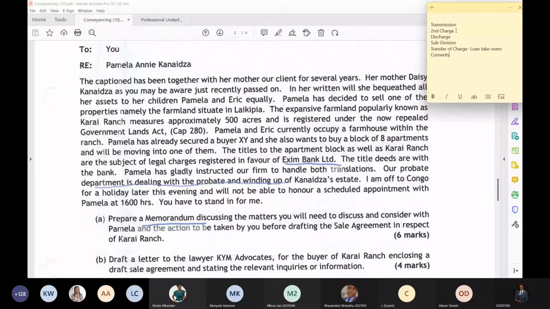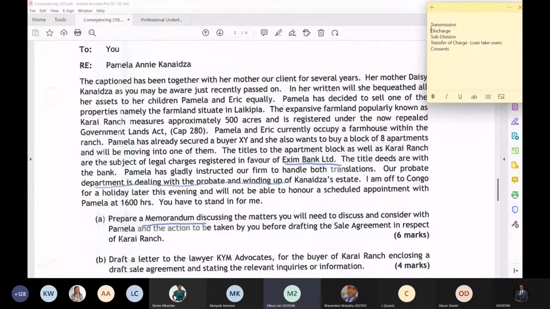discharge. So how will the discharge apply here? I think discharge is one of two options available to the seller or the vendor here.